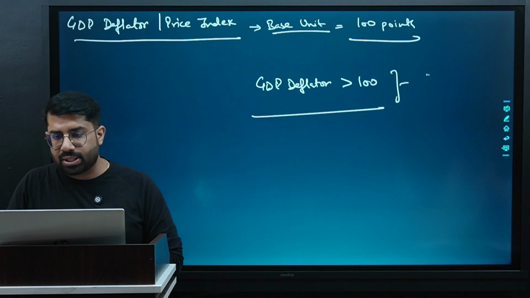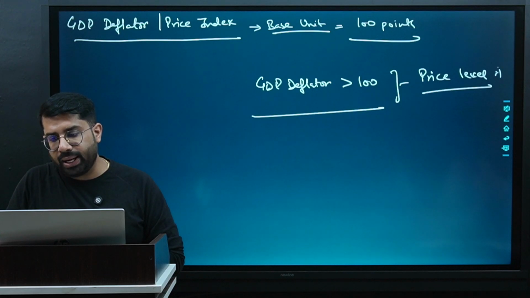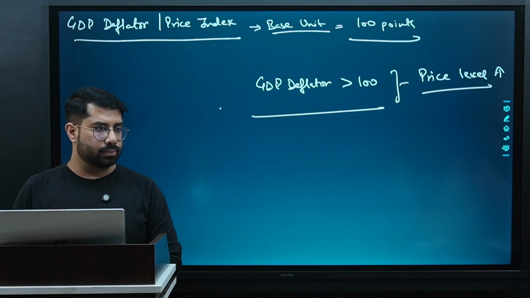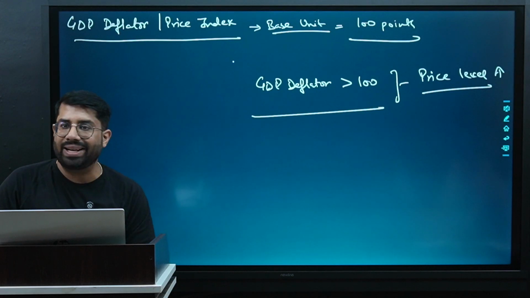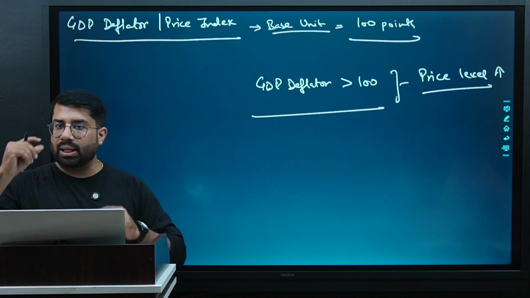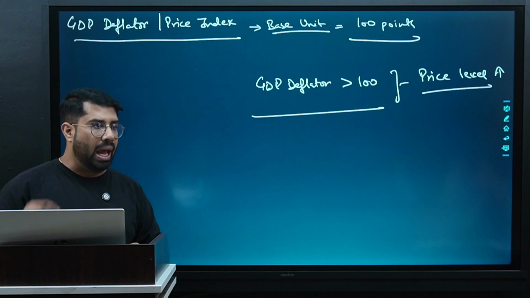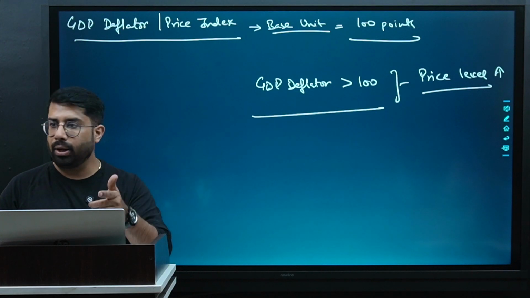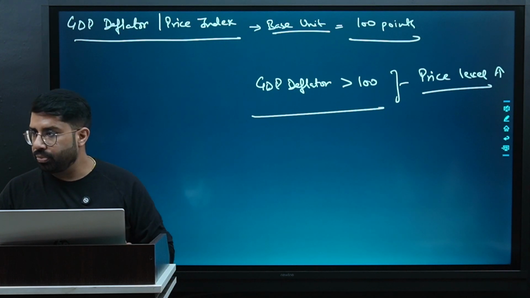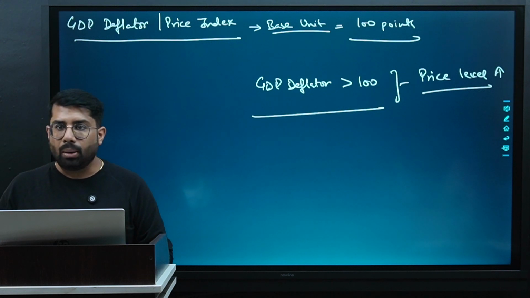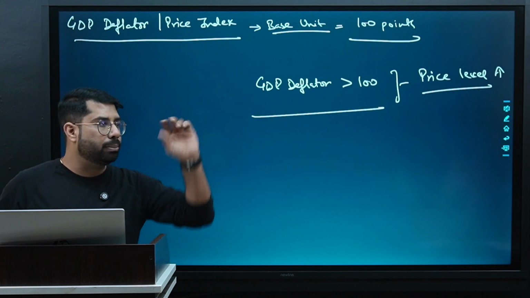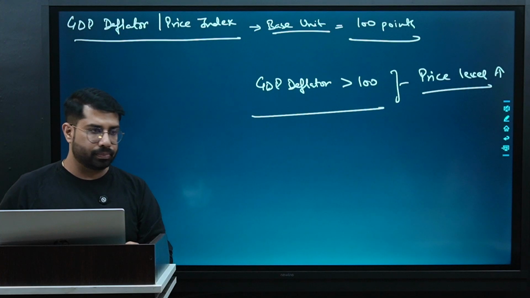It reflects that the price level has increased. So for example, if the value of GDP deflator is 110, means what? There is a 10% increase in price. Any points above 100 will show you the percentage of change. So if the value of GDP deflator is 120, it means price levels have increased by 20%.